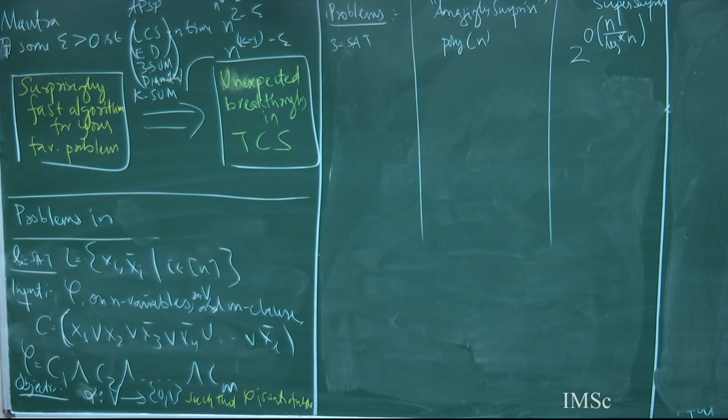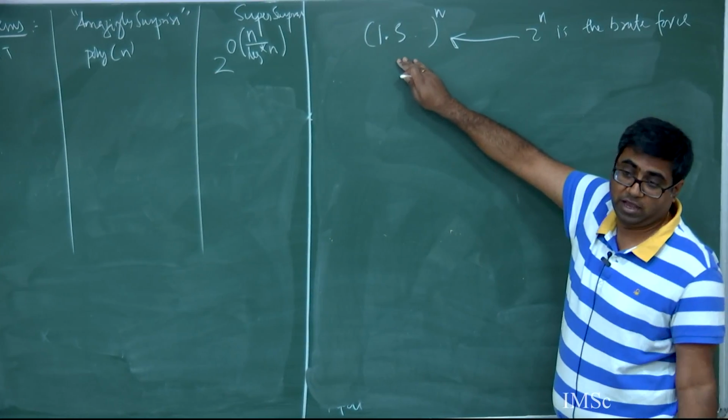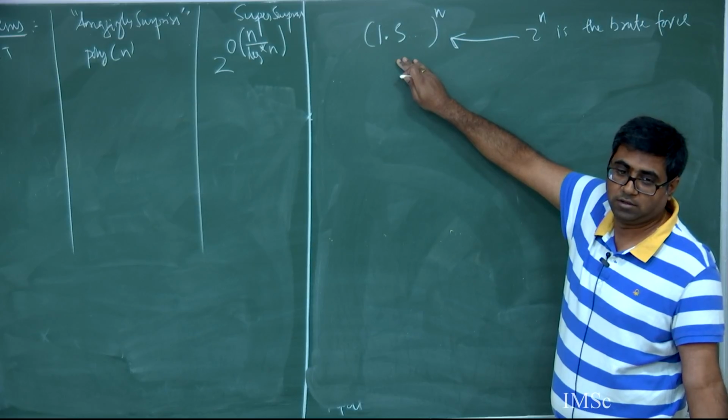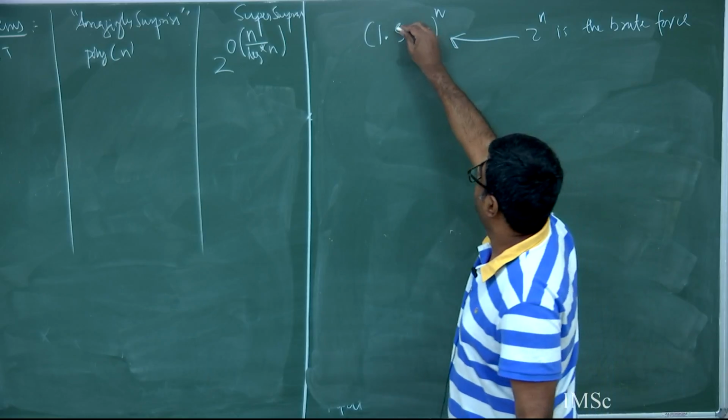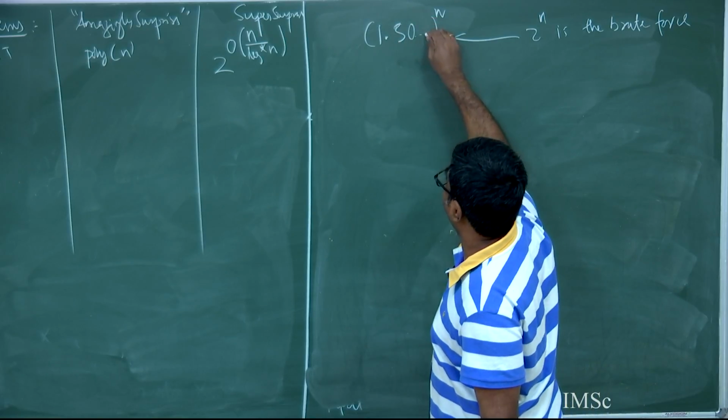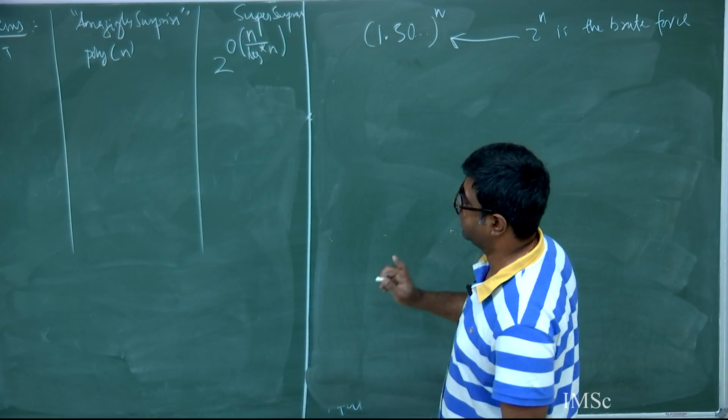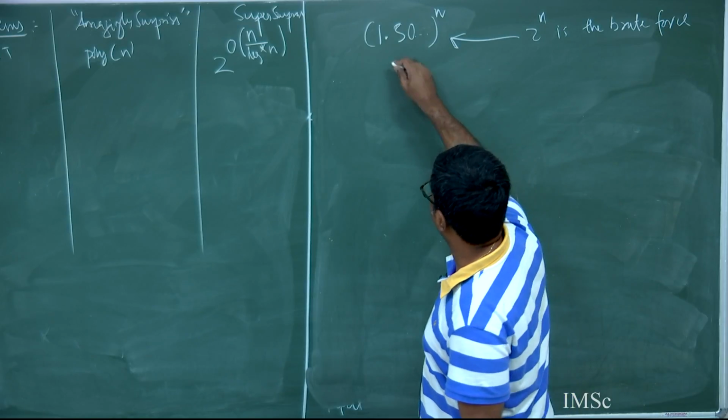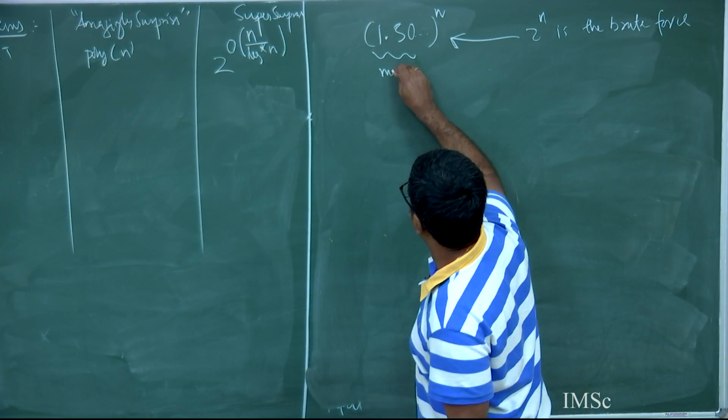So basically 2 power n is the trivial or brute force algorithm. I cannot hope to get to 1 anyway, because 1 power n is 1. I do not remember what the best running time for 3-SAT is, and the goal here is to minimize this base as much as possible.